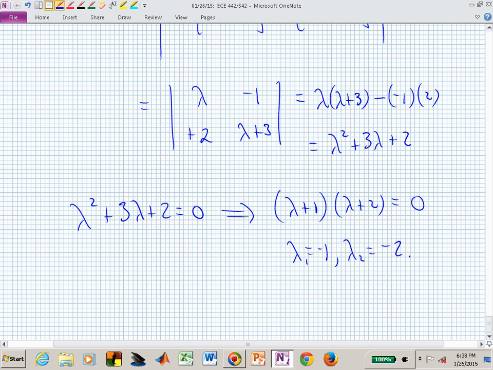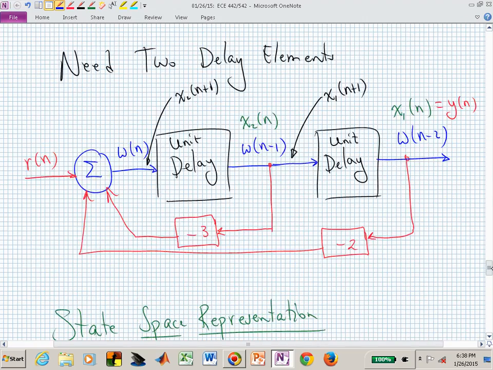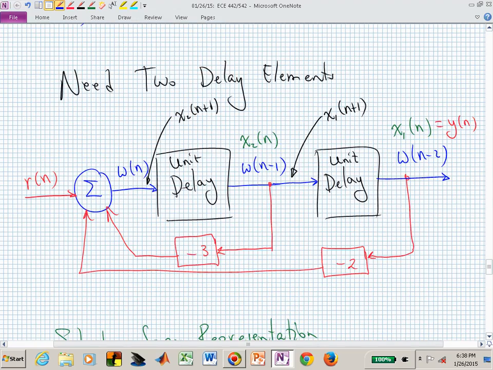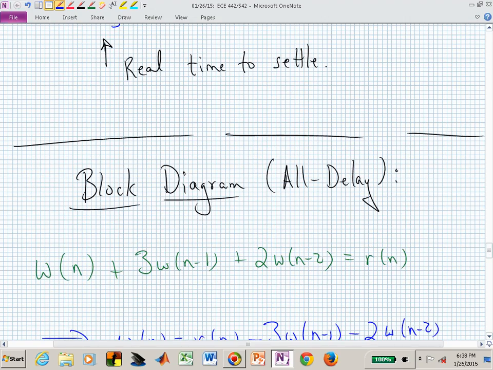Again, this state space representation is a time domain representation, but now it's written a little bit differently. Now it's in the form of this matrix set of equations. But that's the same system as this block diagram, which is the same system as that green equation.